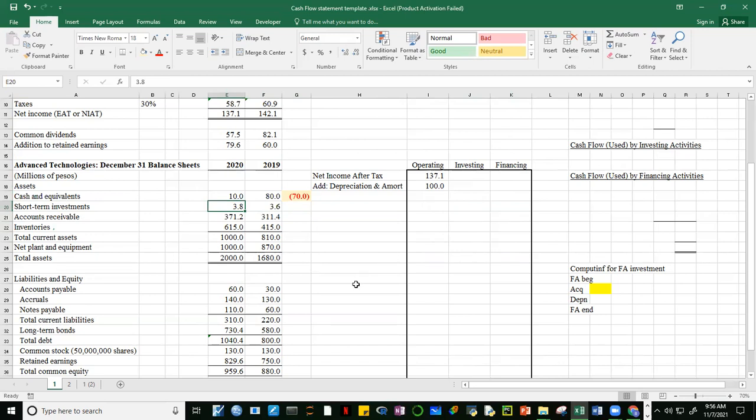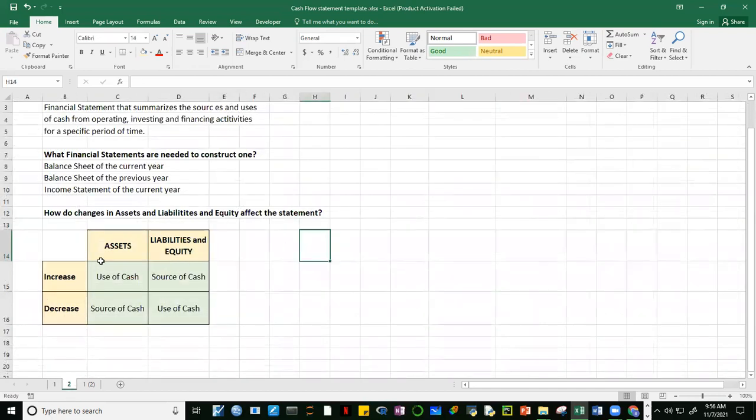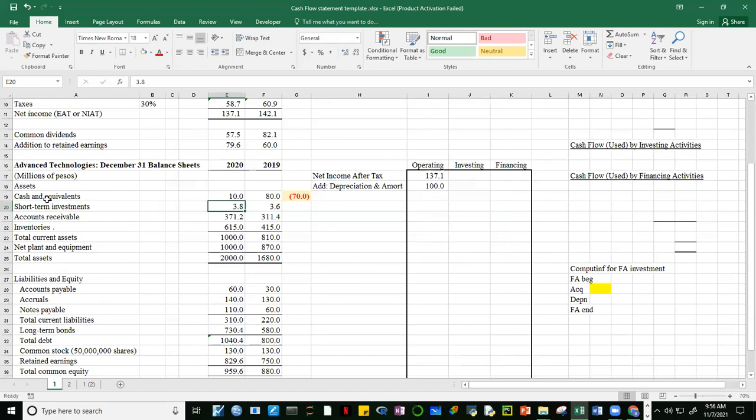So this is indicative that the company put more money in short-term investments. And from what we summarized a while ago, when assets increase, that denotes a use of cash. So short-term investments will fall under financing, and it is a use of cash.